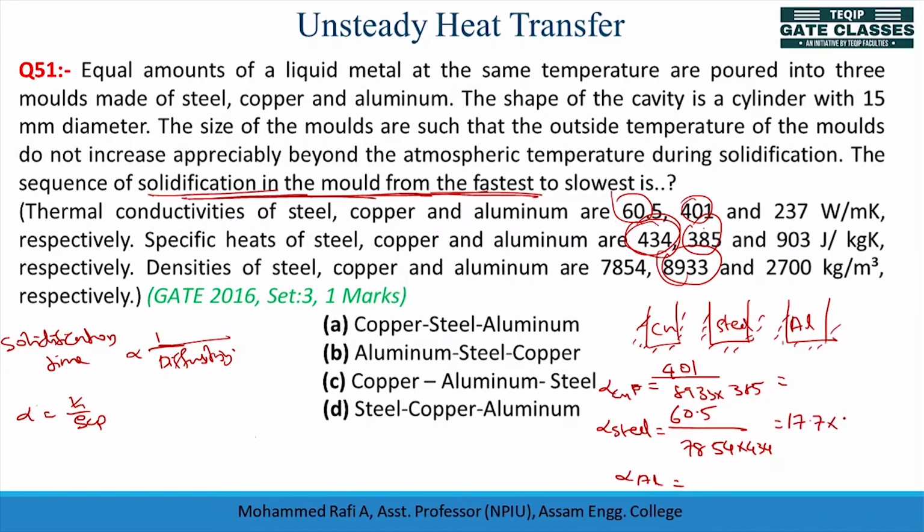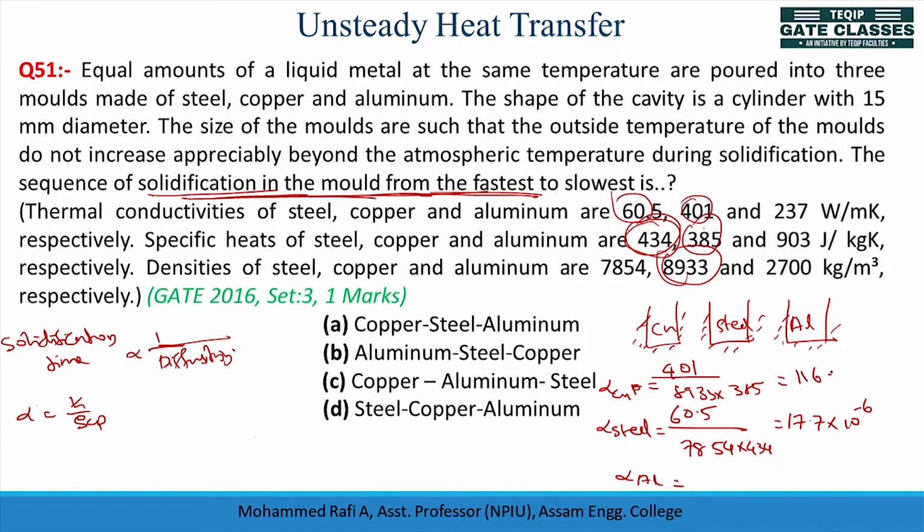Steel will be 17.7. I just calculated using my calculator. So you also just verify my answer, whether you are getting the right answer or not. It is coming out to be 17.6. Another one is 116.